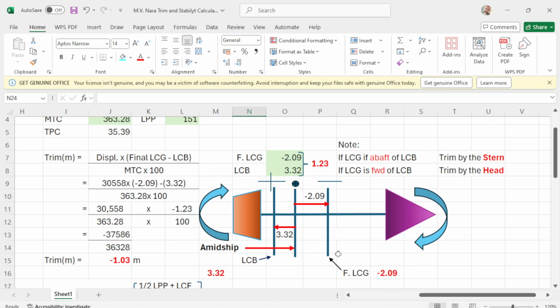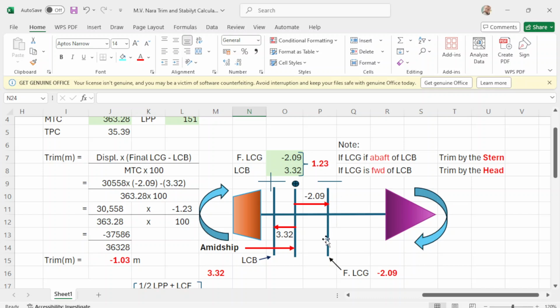The LCG is now forward of the LCB, meaning if this is the weight of the vessel, the cargoes, the fuel, and everything, the gravity will push the vessel downward. So that's why it's clockwise. This will go down, as in a swing. When this part goes down, the other part will go up. So it's like a swing.